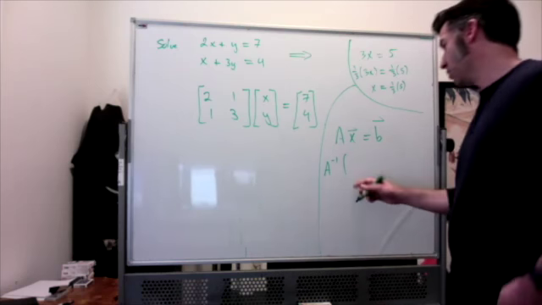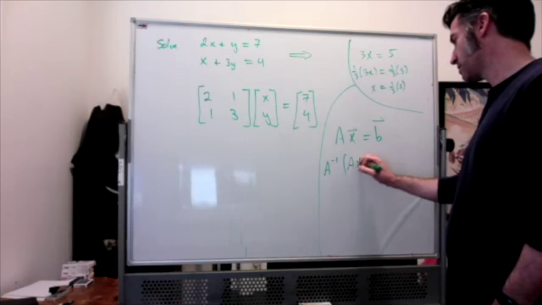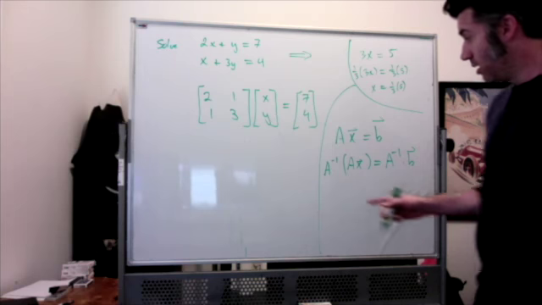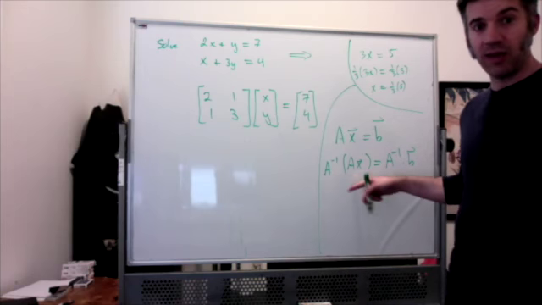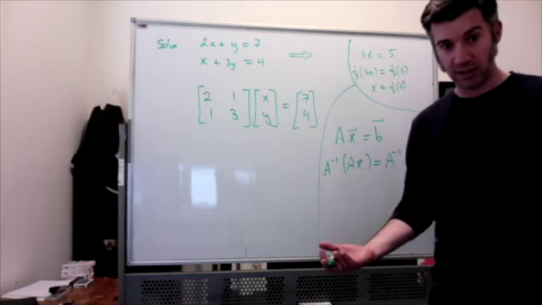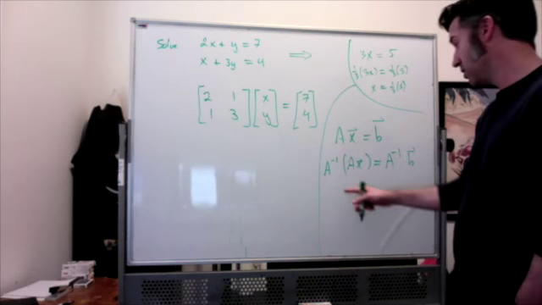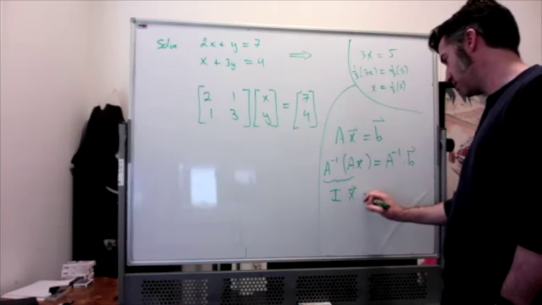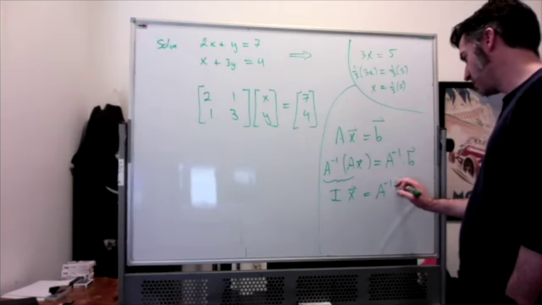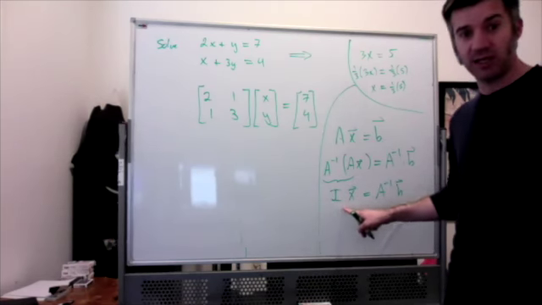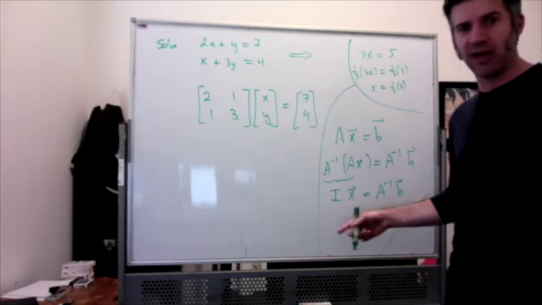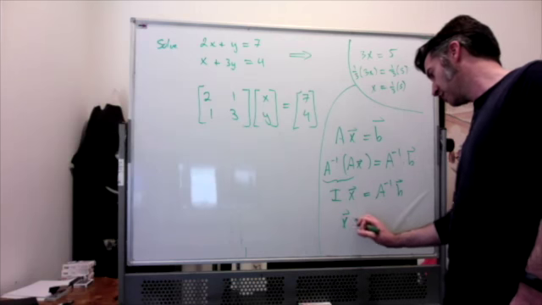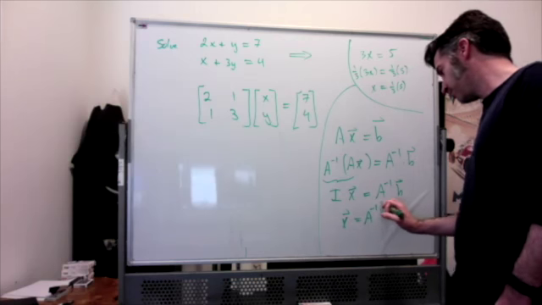Okay, so A inverse times AX is equal to A inverse times B. Whenever you multiply a matrix by its inverse, you get the identity matrix. So you get the identity matrix times X equal to A inverse times B. But we know that the identity matrix times any other matrix is just the other matrix. The identity matrix is like multiplying by 1. So we're just getting X equal to A inverse times B.